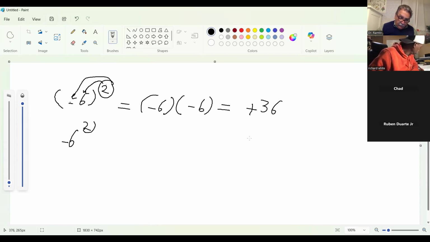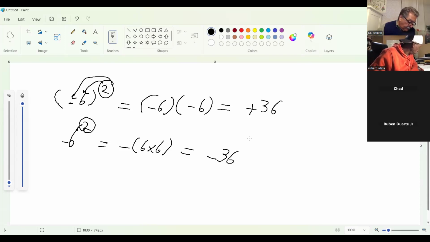But here, the 2 only applies to 6. So this is equal to minus 6 times 6, equal to minus 36. So you see the difference? Just having that parenthesis makes that difference.